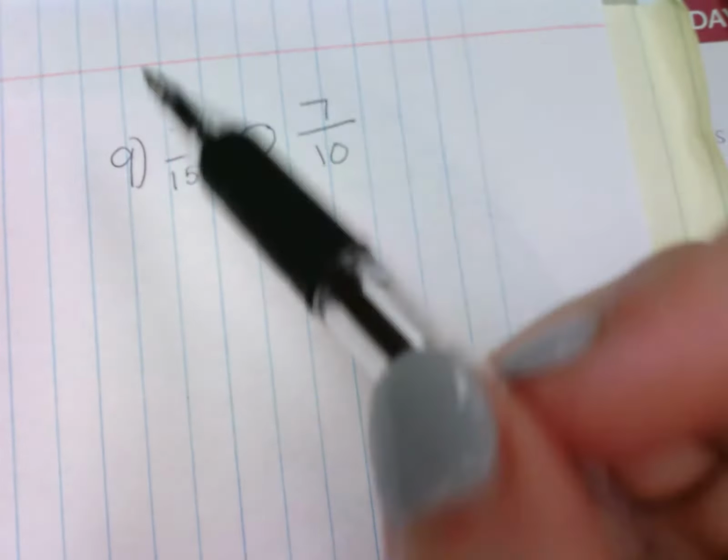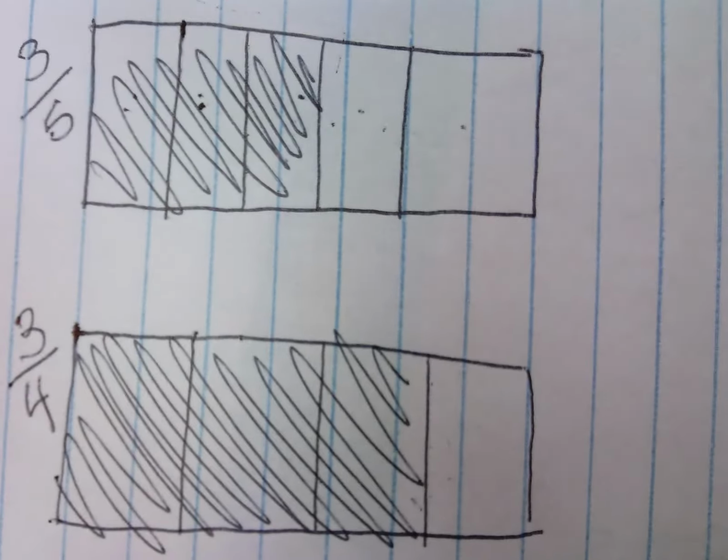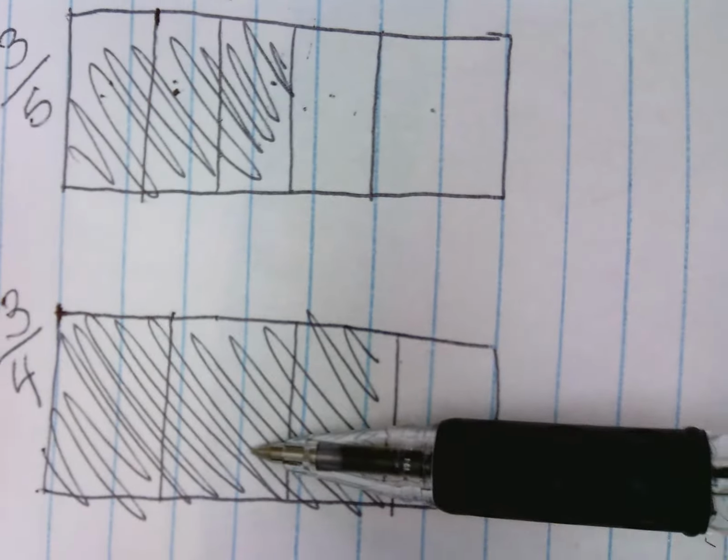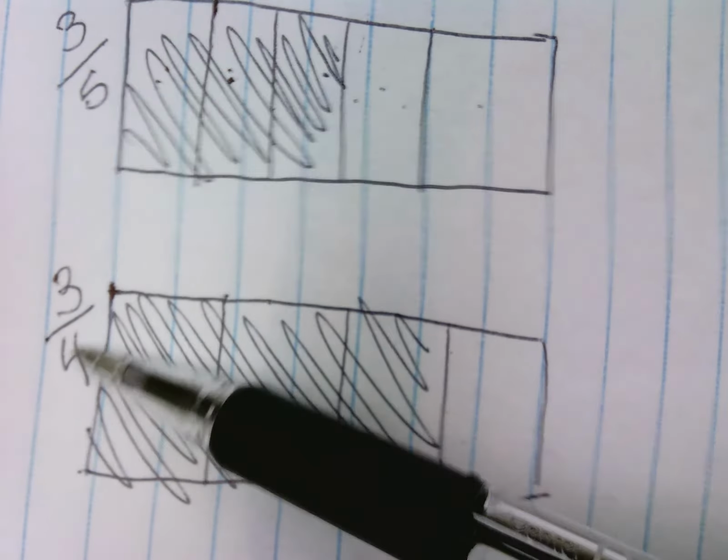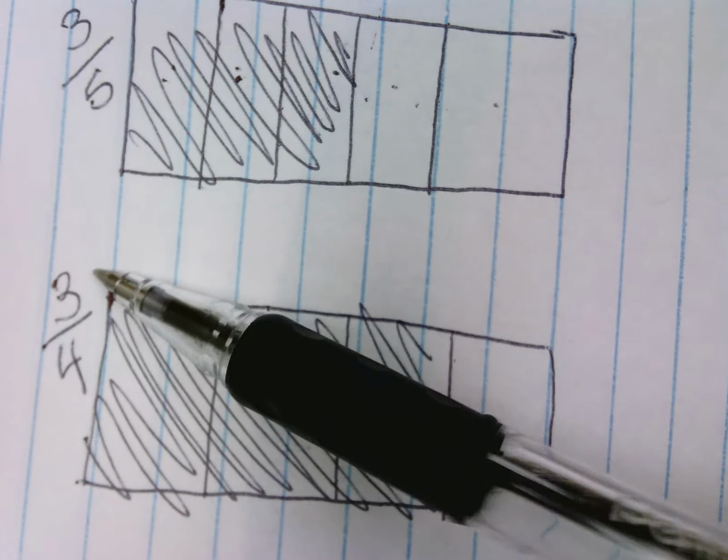Just how I practiced with you the other day, with this problem right here: 3/5 was less than 3/4 because if it's cut into smaller pieces, you're going to get more.